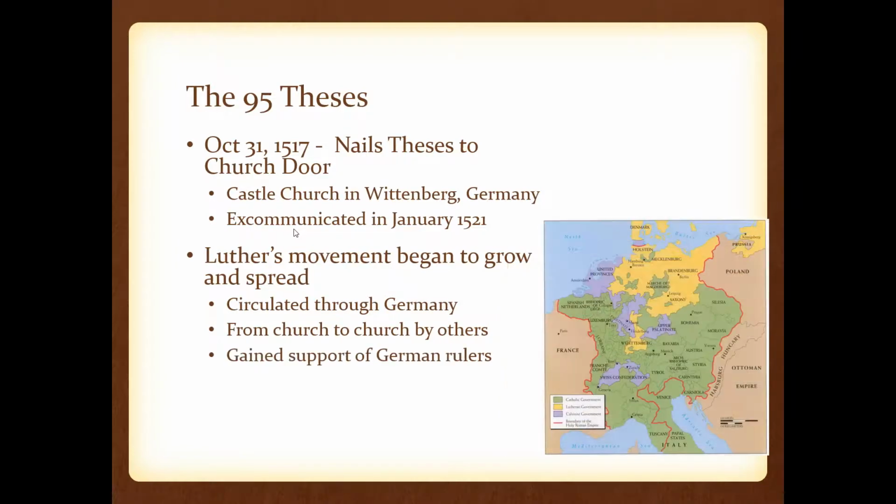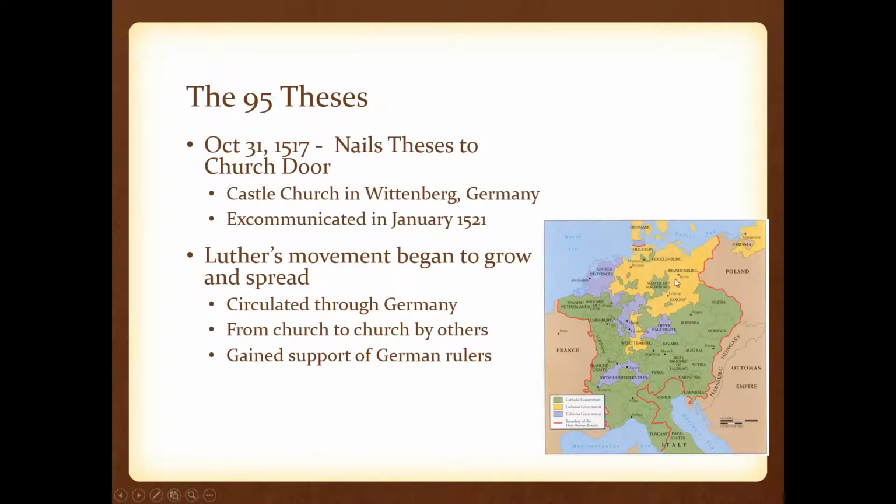And so one of the things that happens, as this idea is moving from church to church, city to city, is that you have this breakaway from the church, and German rulers actually begin to adopt Lutheranism as the official religion of their different baronies or dukedoms or even kingdoms.